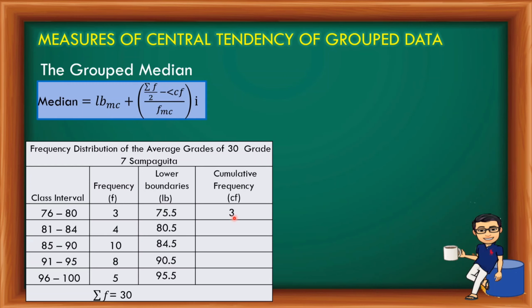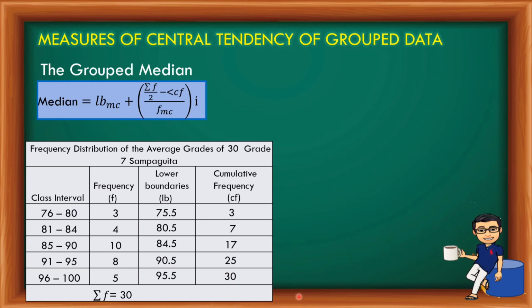So, 3 doon sa second frequency. 3 plus 4, 7. Sa next frequency naman, 7 plus 10, 17. Then 17 plus 8, 25. Then 25 plus 5, 30. So, dapat eksakto siya sa summation of f, which is 30. Tama naman tayo dyan. Then, we can now work on with the next thing to do.